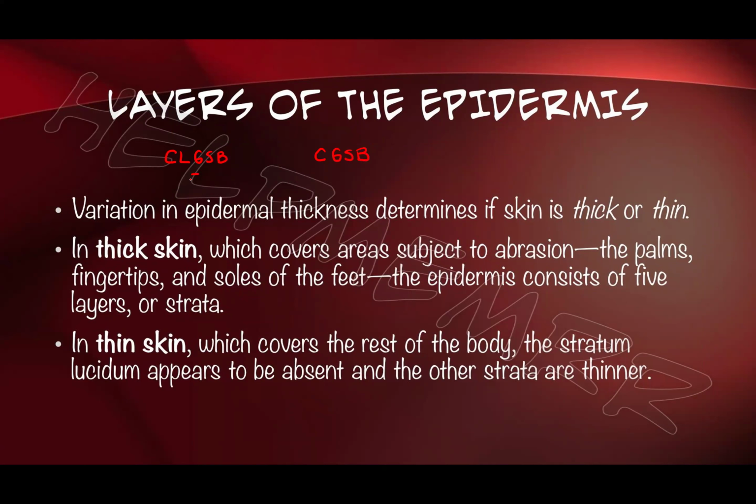So this is 5 layers, and this is 4 layers. What happens is we have thick and thin skin. Thin skin is going to be the come, get sunburnt. This is the 4 layers.